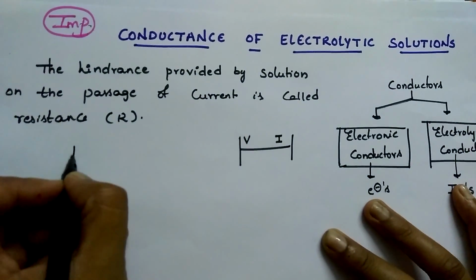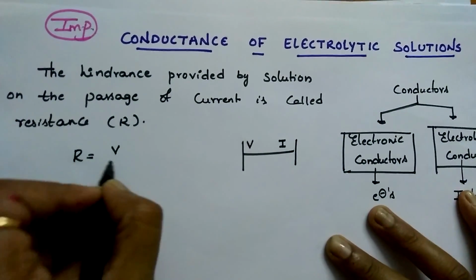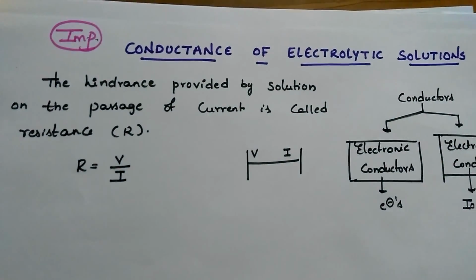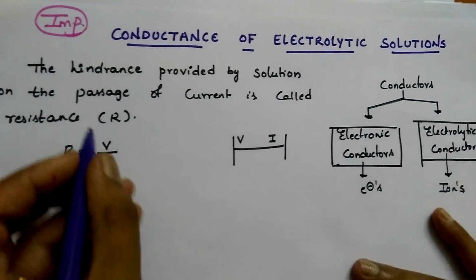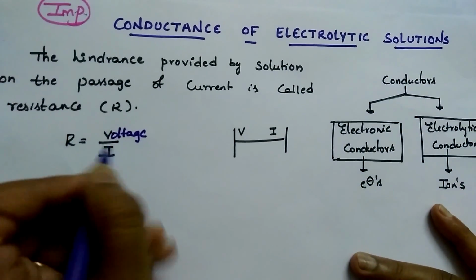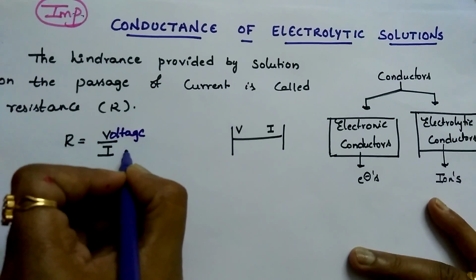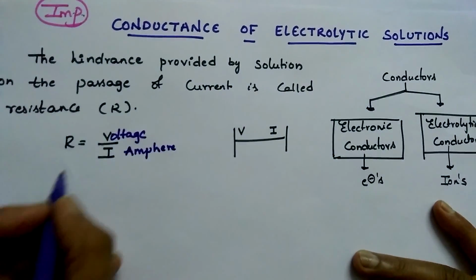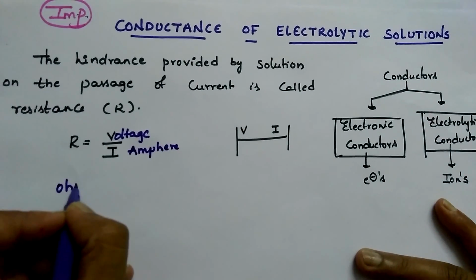Then resistance R is equal to V by I, where V is the voltage and I is the current passing through it. We measure current in amperes, and the resistance unit is ohm.